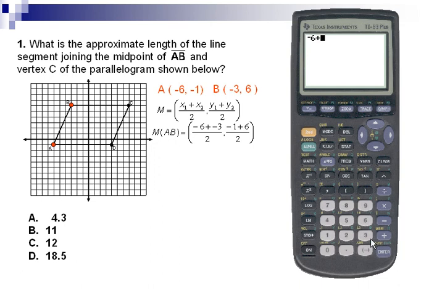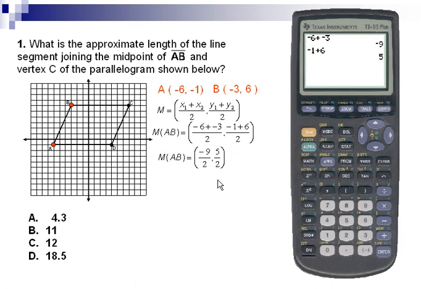So add -6 plus -3. That gives you -9. And then -1 plus 6 gives you +5. So these fractions now become -9 divided by 2 and 5 divided by 2.